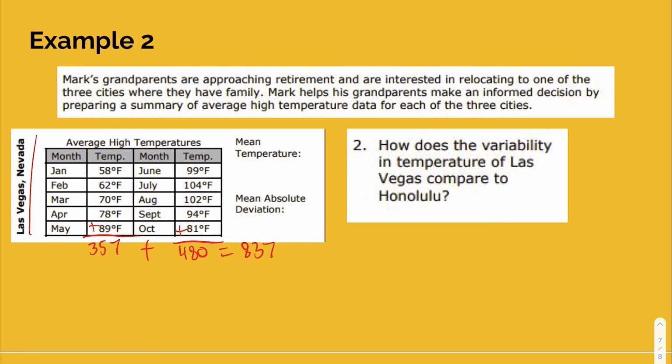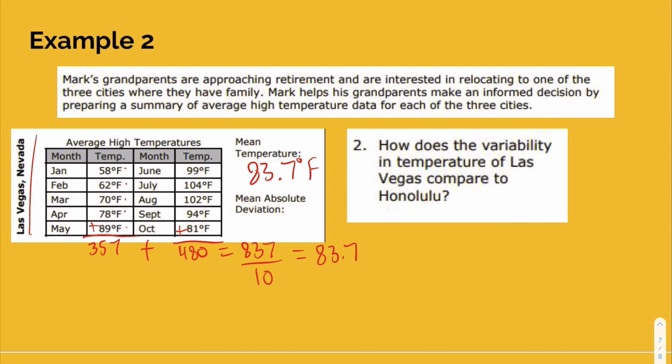We're going to divide it by the number of data points, 1, 2, 3, 4, 5, so it's going to be 10 again. When we divide by 10, it's going to make 83.7. 83.7 degrees Fahrenheit is the mean temperature.